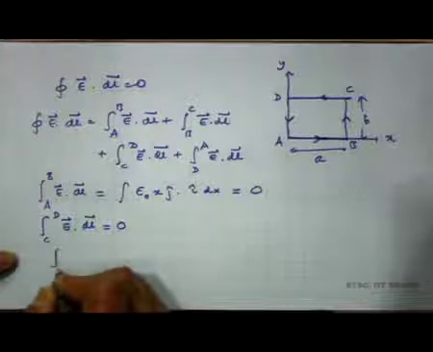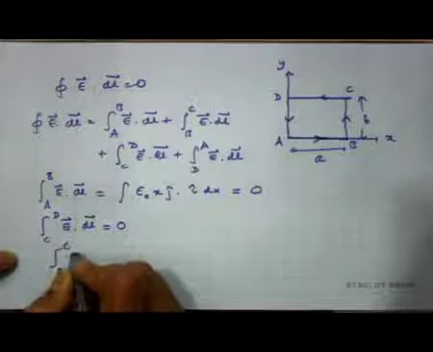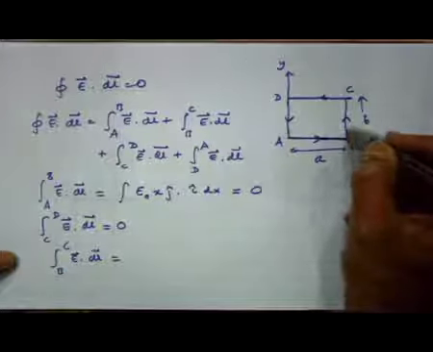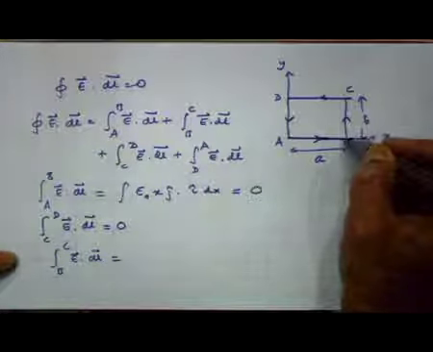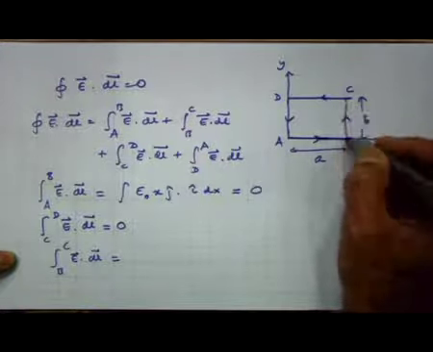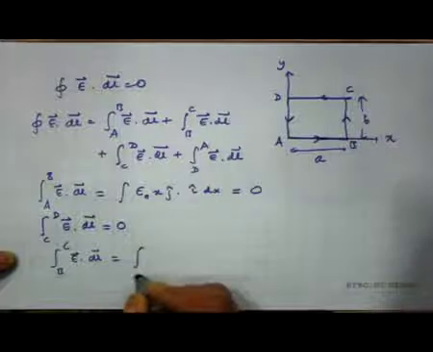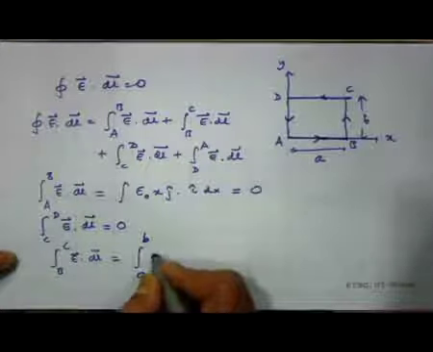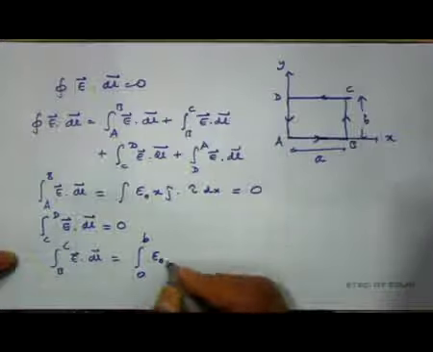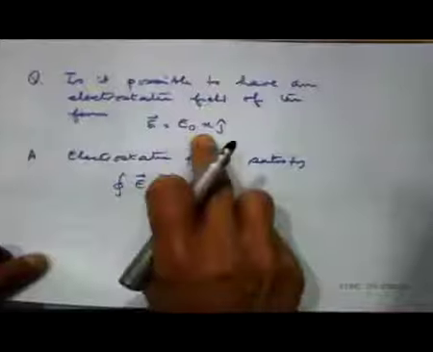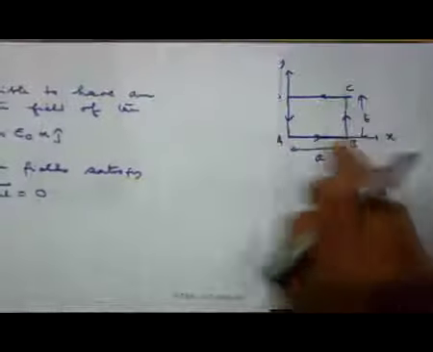Integral b to c of E dot dl: now b and c are on the same value of x, and the electric field depends only on x, and the value of x on this line is x equal to a. So, b is y equal to 0 and c is y equal to b. The electric field, as you can see here, is E naught x j, and on this line x is equal to a.